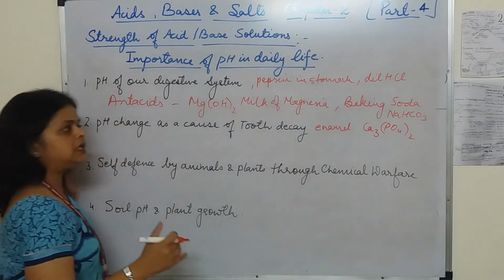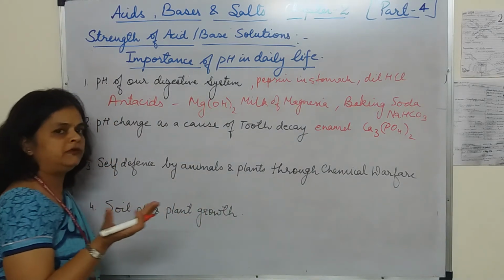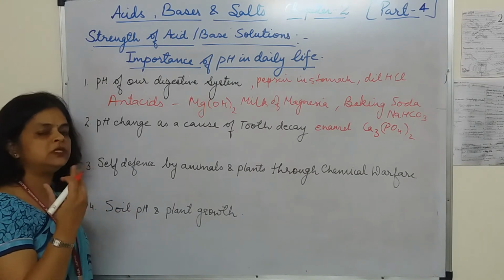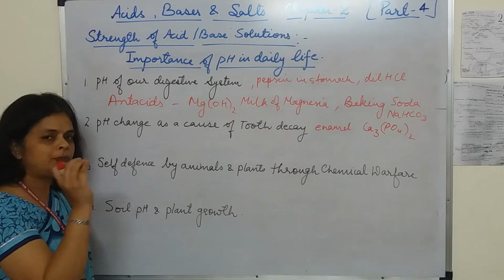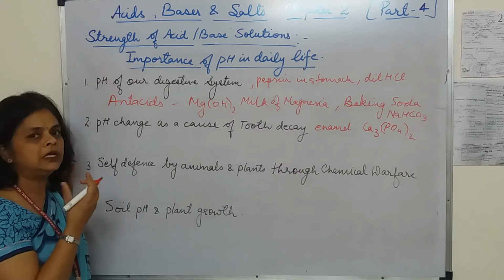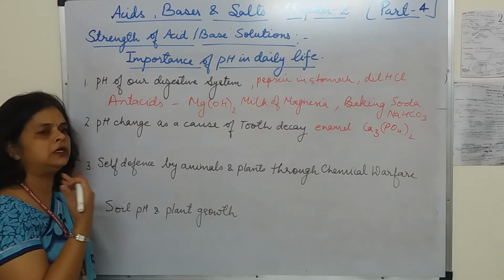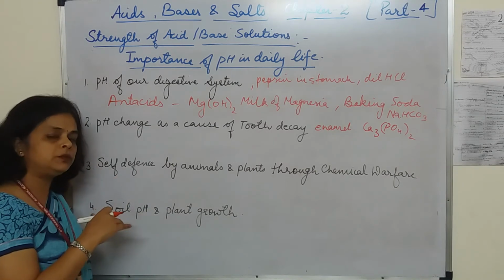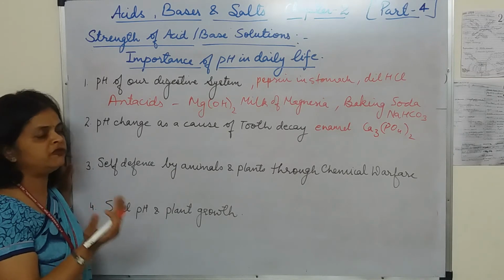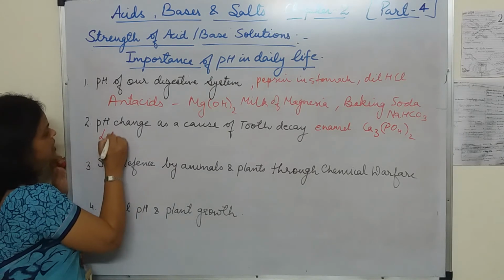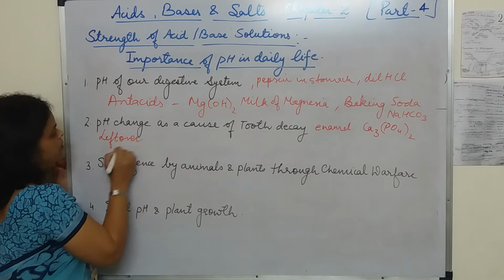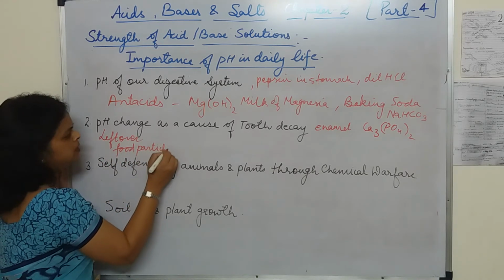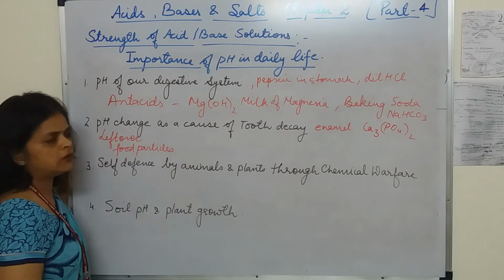But what happens in our mouth when meals are taken and afterwards the mouth is not properly cleaned? The food particles remain in between the teeth and inside our mouth. These food particles cause the production of bacteria. I am just drawing the flow chart so that you can write it in the form of language.